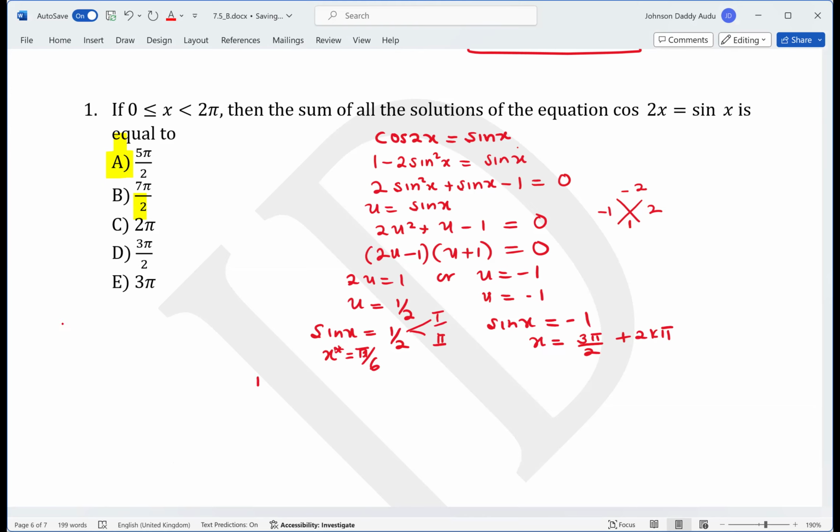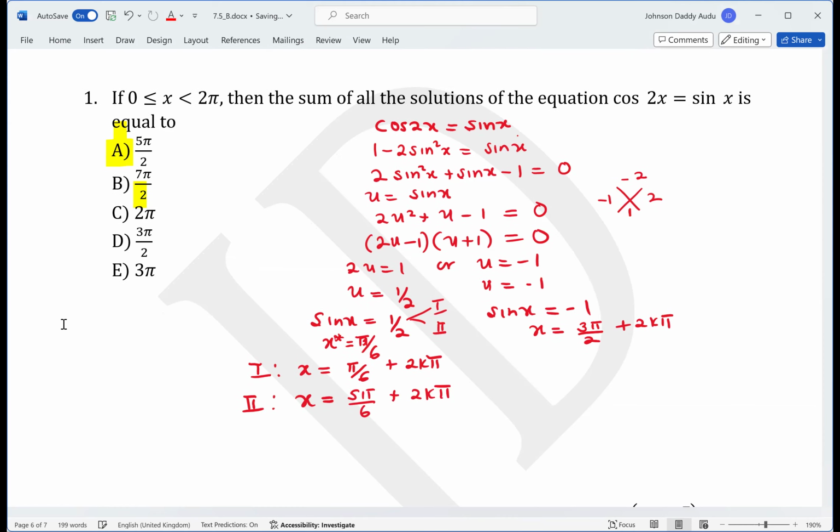So if we are in the first quadrant, x is still going to be pi over 6, and we can add 2k pi. And if we happen to be in the second quadrant, x is going to be pi minus pi over 6, which will be 5 pi over 6 plus 2k pi. So these are the solutions.